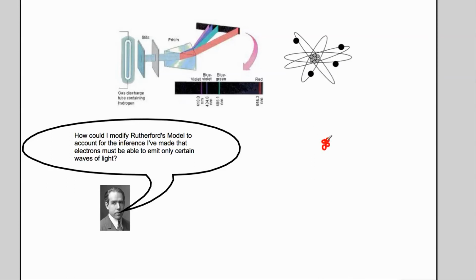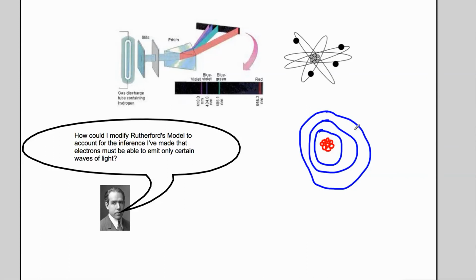We put the nucleus here, this core of positively charged protons, and then instead of the electrons orbiting randomly, we put them in very specific orbits. This would be better if I could draw good circles, but I can't. So we have an electron here, an electron here, and an electron here, and they're in very specific orbits.